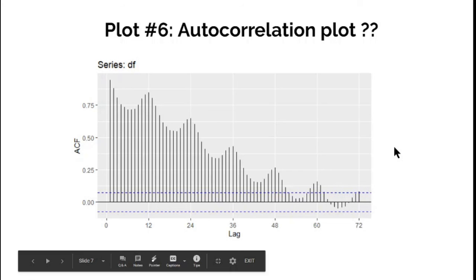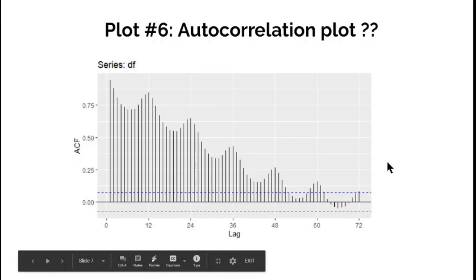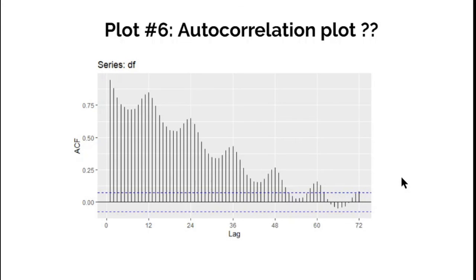What it says is that the sale of housing units in every year is dependent on previous years' sales. The importance of this plot is that you could use this as a parameter in your advanced forecasting applications.